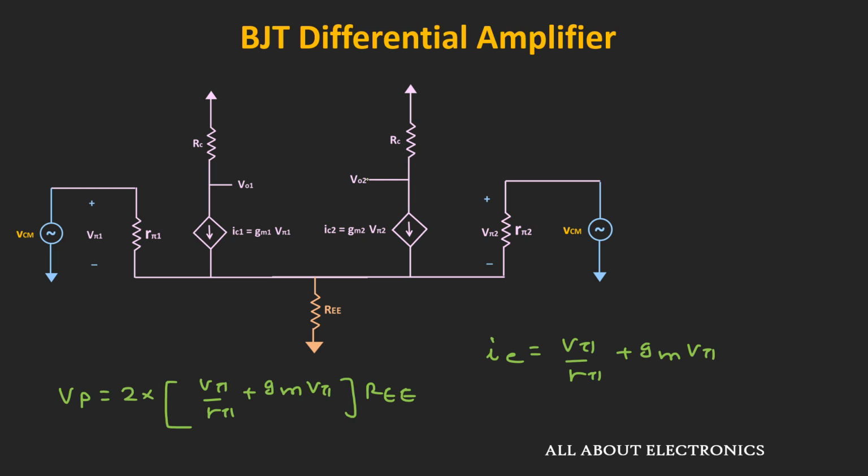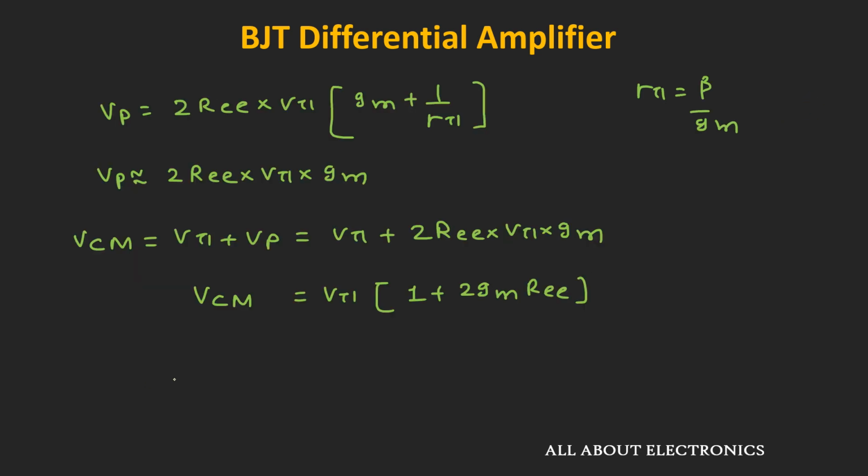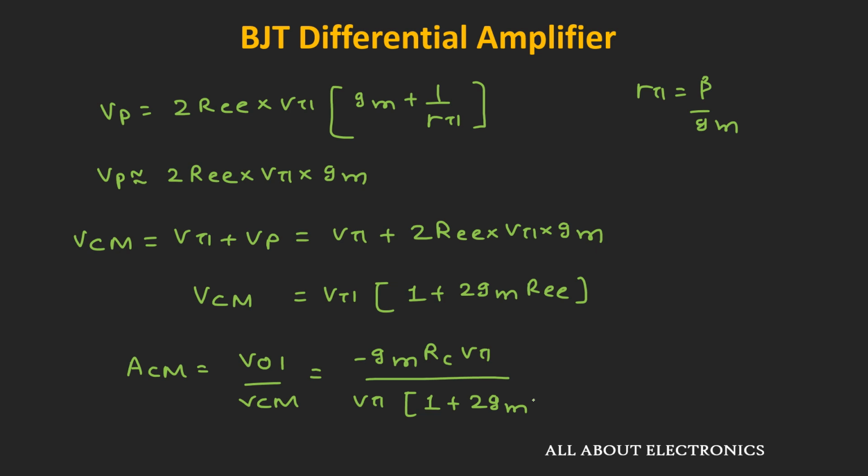And here VO1 is equal to minus gm times Vπ times RC. And from this we can say that the common mode gain, that is VO1 divided by VCM, is equal to minus gm times RC times Vπ divided by Vπ times (1 plus 2 times gm times RE), that is equal to minus gm times RC divided by (1 plus 2 times gm times RE).